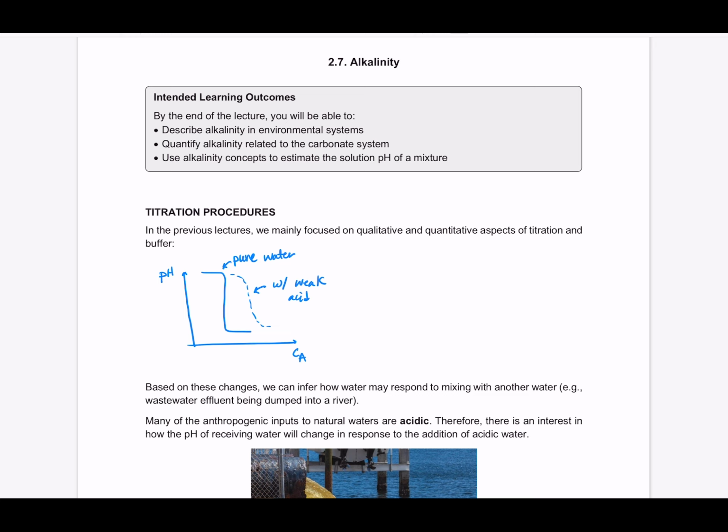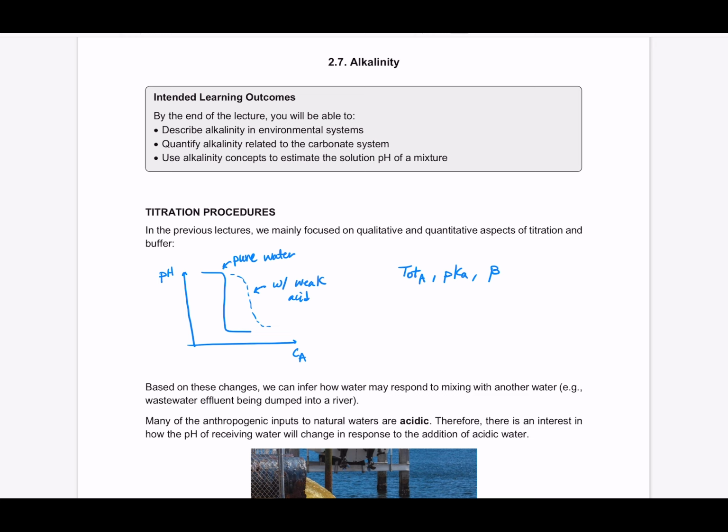Later we also talked about buffer capacity, and combined together we were able to gain important information from the system. For example, how much total acidity we have, and what the pKa of a potential acid is.